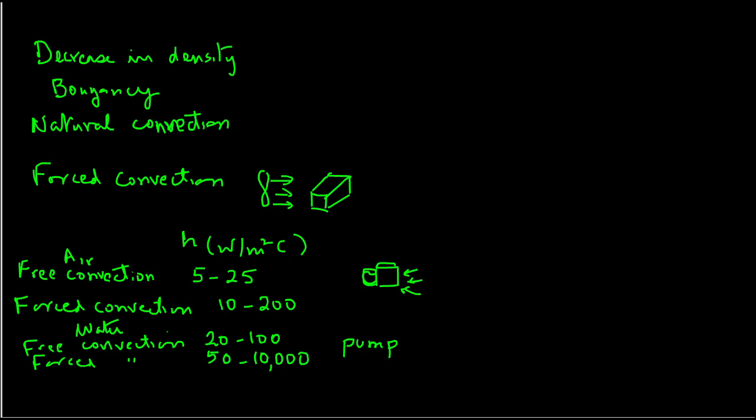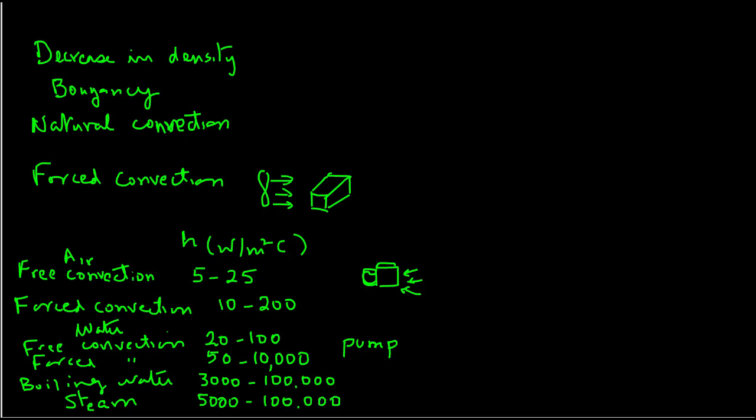And in case of boiling water, the value of H is from 3,000 to 100,000 watts per square meter Celsius. Again, you get very high rates of heat transfer when you are boiling water. In case of steam, the value of H is from 5,000 to 100,000 watts per square meter Celsius. So that means that anytime we have forced convection, both in case of air and water, we have high rates of heat transfer, and we can get significantly high rates if we use boiling water or steam.